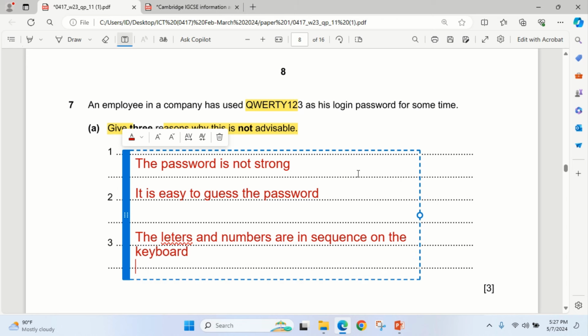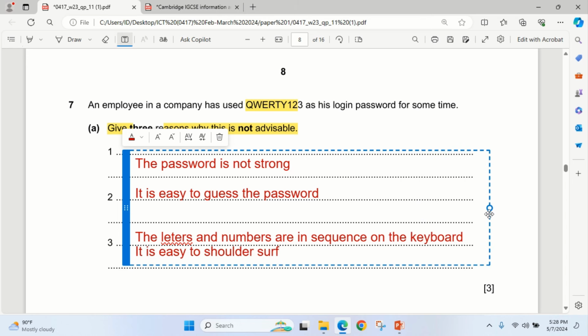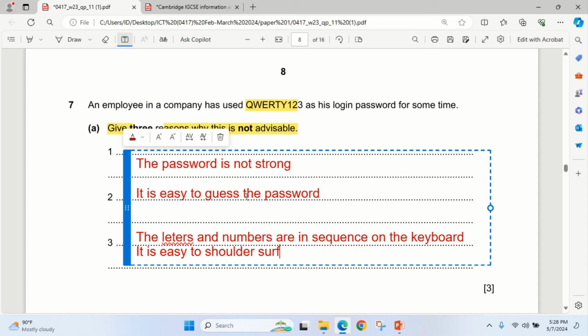You can also add that it is easy to shoulder surf the password. So all these are very important when you are writing your response.